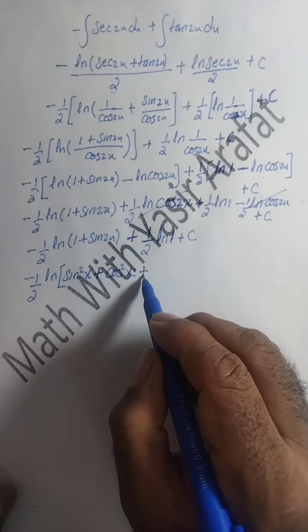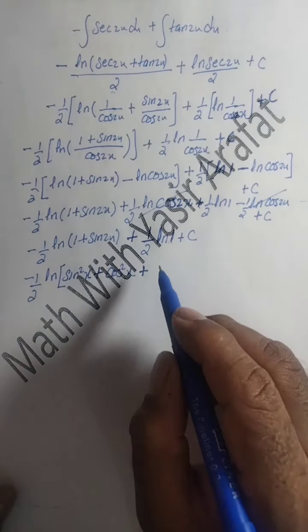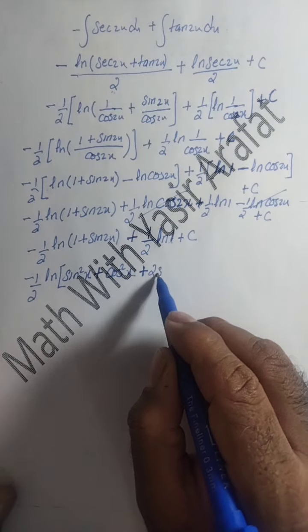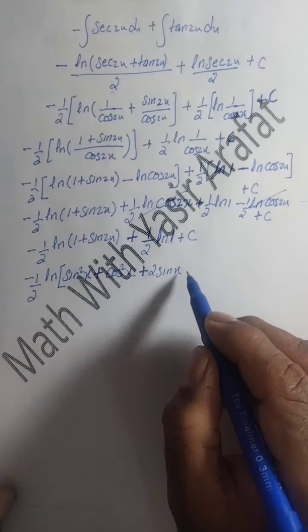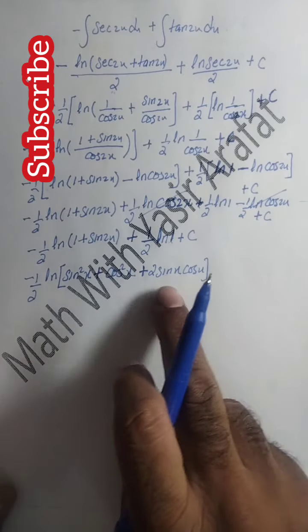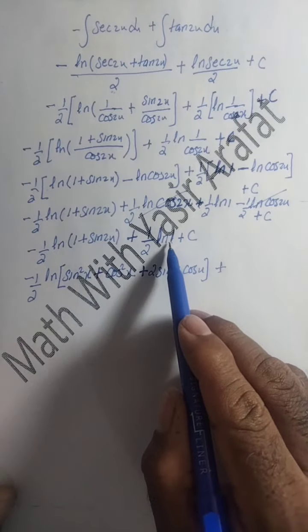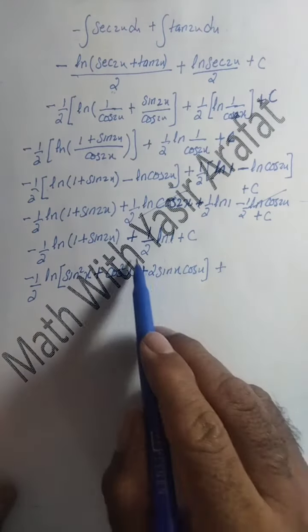And here this is sin 2x. Sin 2x is equal to 2 sin x cos x. We have discussed these two formulas in the same question. And as I told you, 1 upon 2 ln 1 plus c, this is the whole constant.